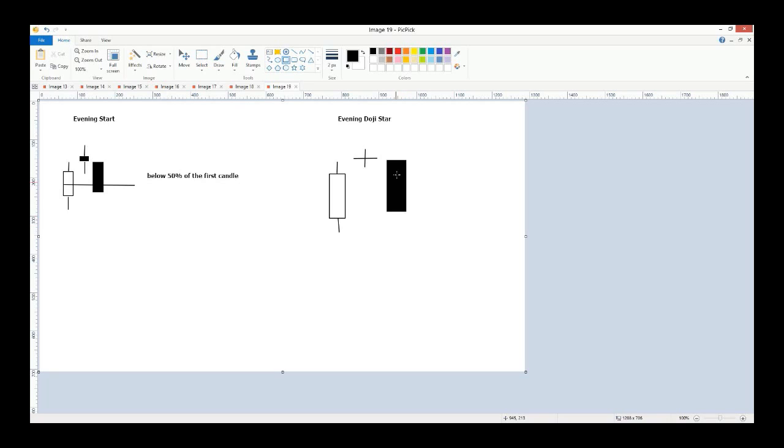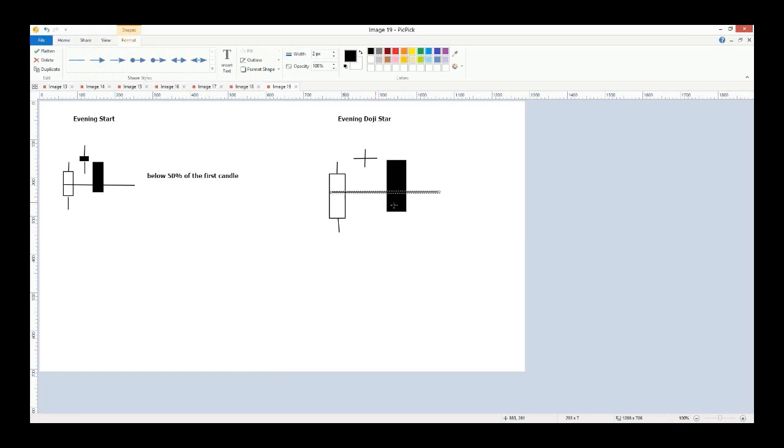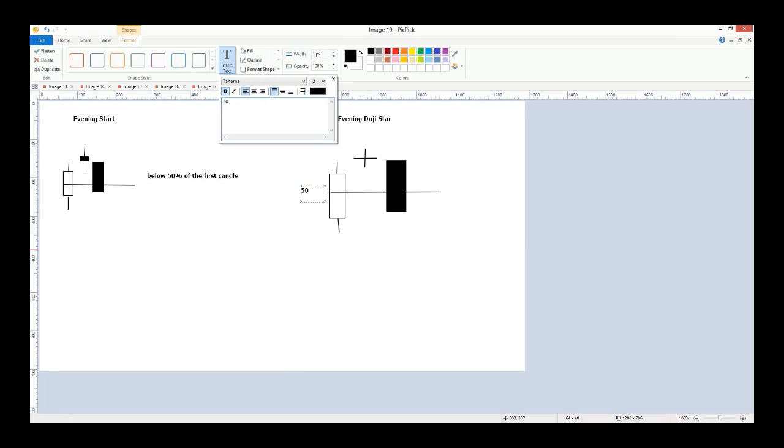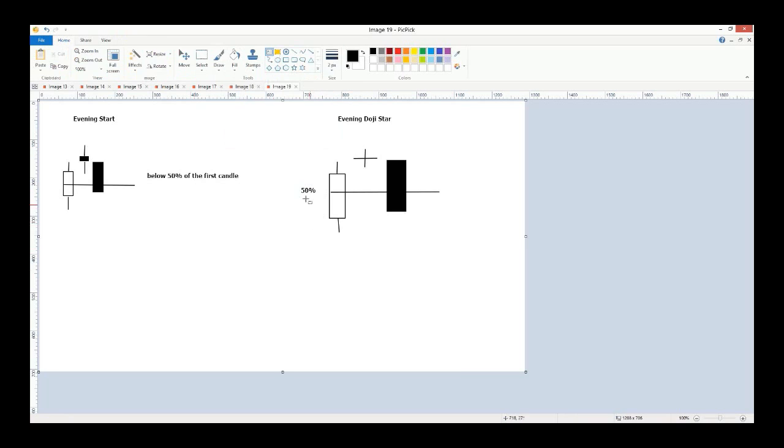Of course, as we said before, the last candlestick has to be below the 50% of the first one, to be able to identify that this formation has been created in the market.